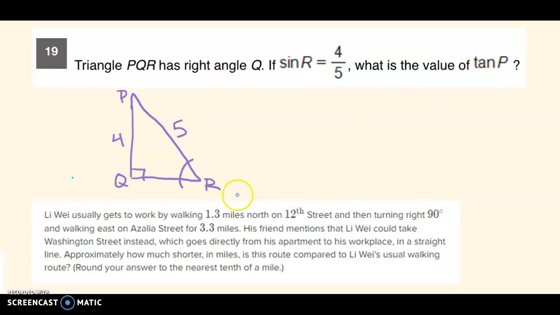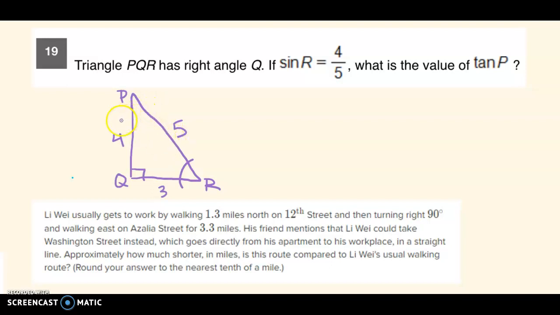Well, one thing I notice is that my hypotenuse length is 5, one of my legs is 4. I know that a Pythagorean triple is 3, 4, 5. So I don't have to use the Pythagorean theorem to solve for this side, because I already know if I were to use it, I would get this side length of 3.